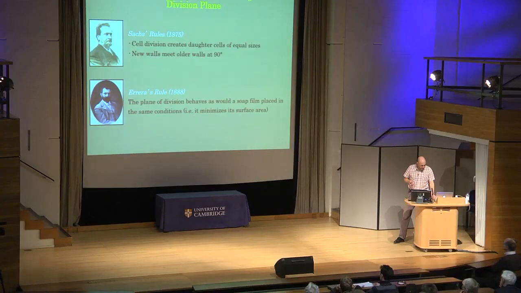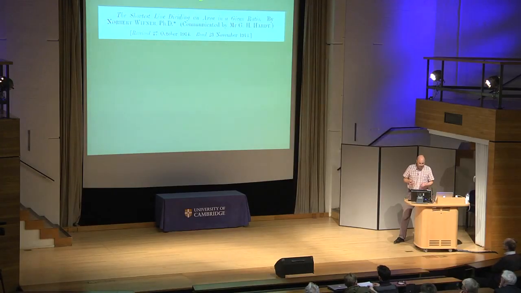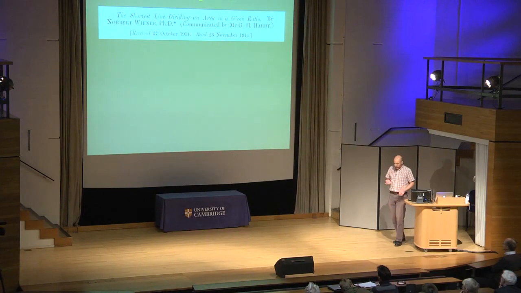So that's the premise that I want to use: rules that are empirical at this stage, and see if we can formalize them and predict some patterns that are observed in plants. And there is an old problem related to that, a mathematical problem this time.